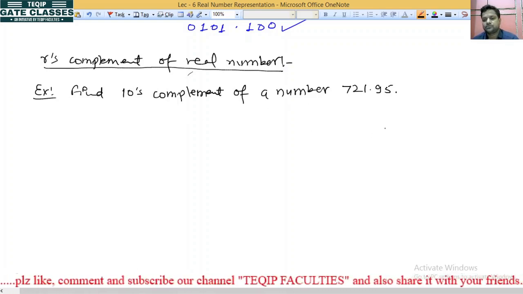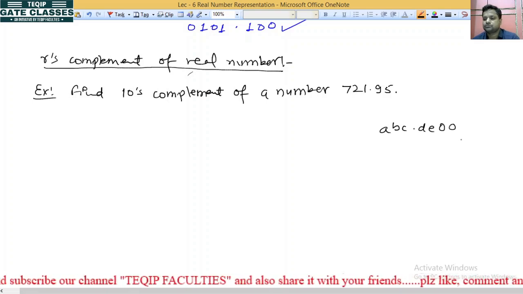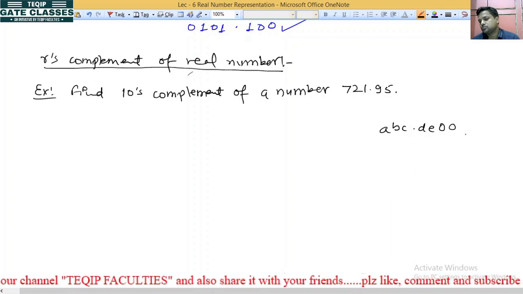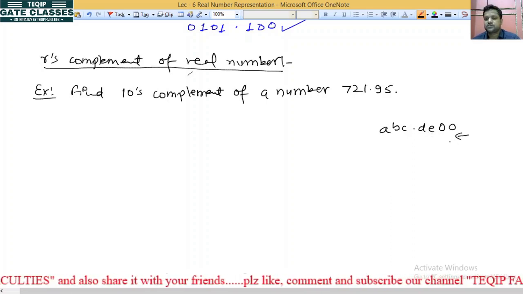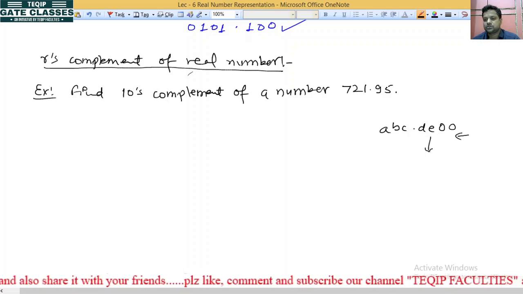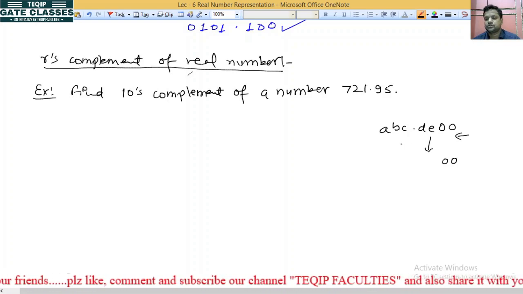So we know that if we have a number abc.de00, we move from right to left and search for the first non-zero value, and till then we copy all the zeros.